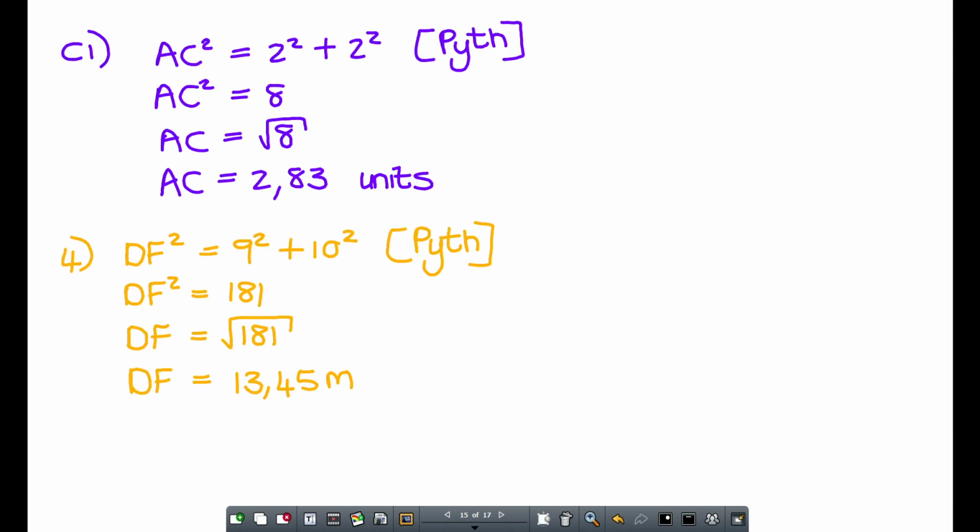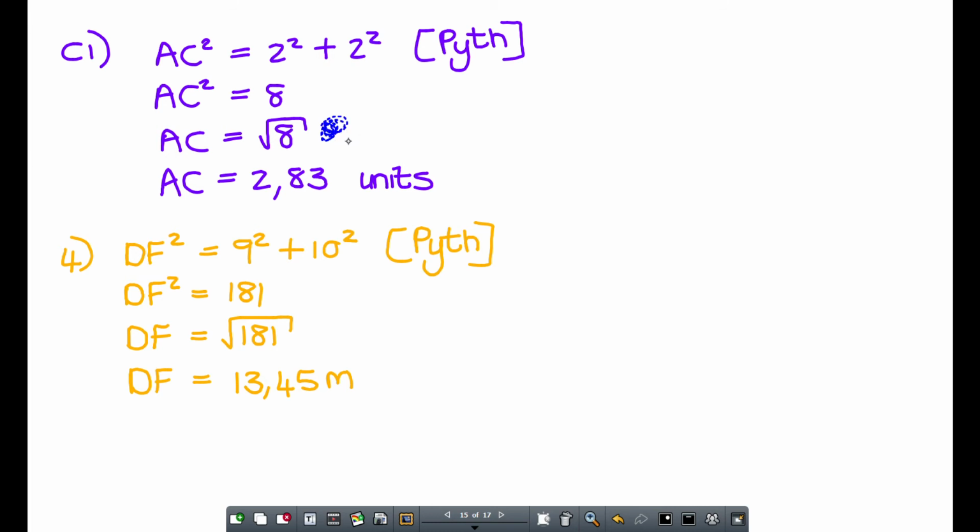Okay. Then C. Listen. C1. I said AC squared is equal to 2 squared plus 2 squared, and that was because of Pythagoras. Now, over here they said write your answer in surd form. Okay, so there I wrote it in surd form. And then use a calculator and round your answer to 2 decimal places.